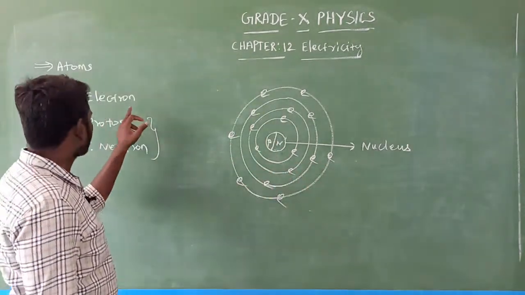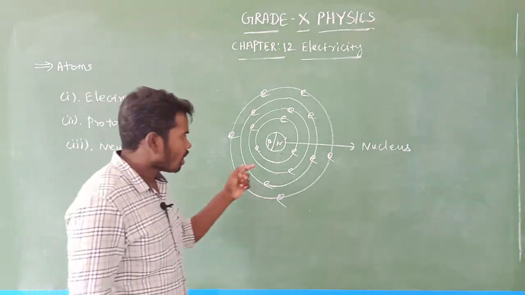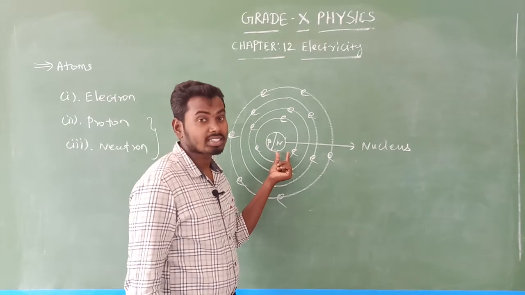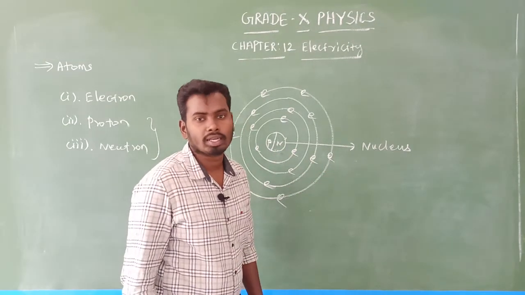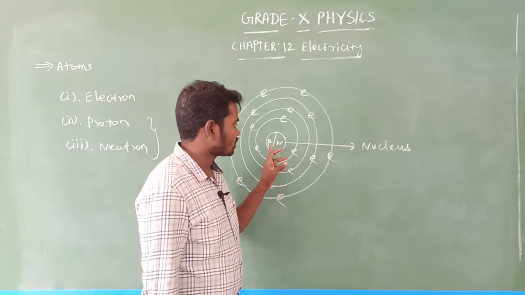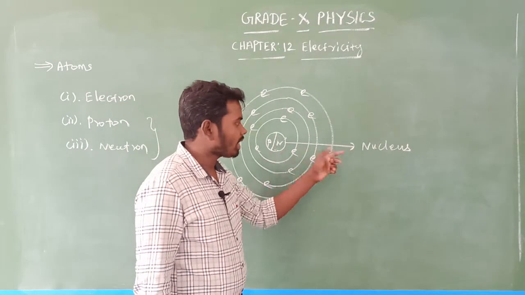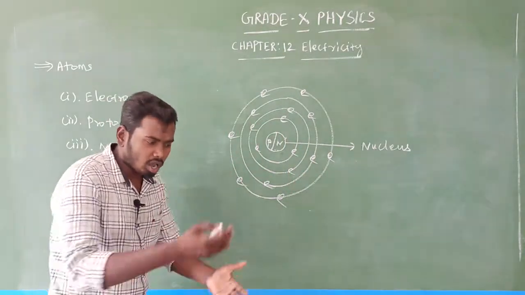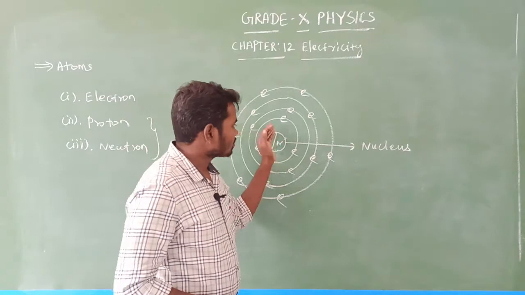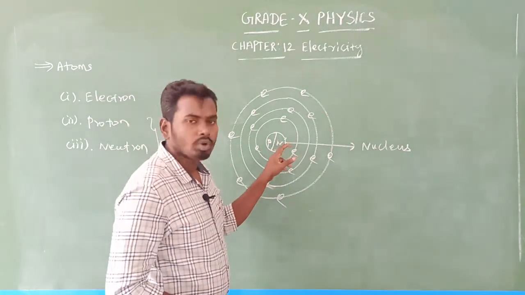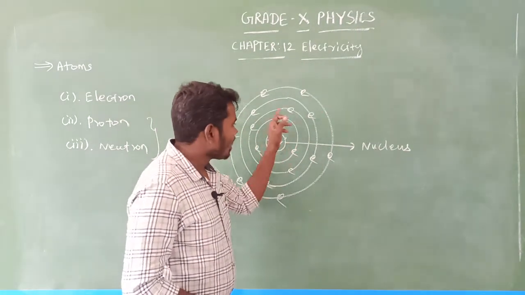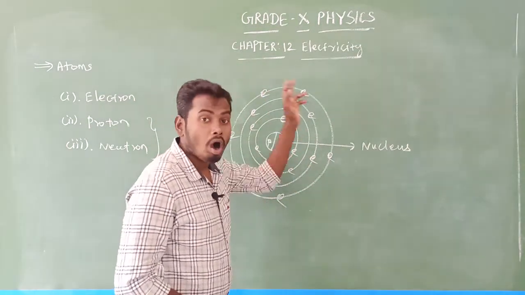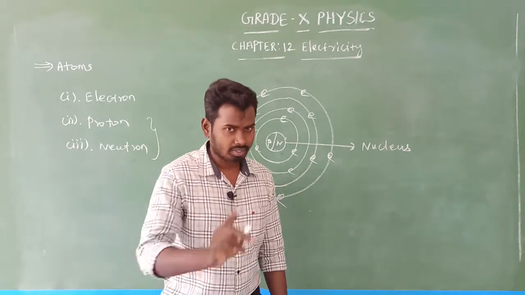This proton and neutron are placed at the center of an atom, which is called the nucleus. Then the electrons continuously revolve around the nucleus in their path, or otherwise we can say in their orbit. Is it clear? Yes.